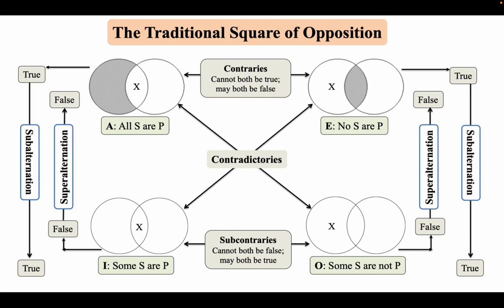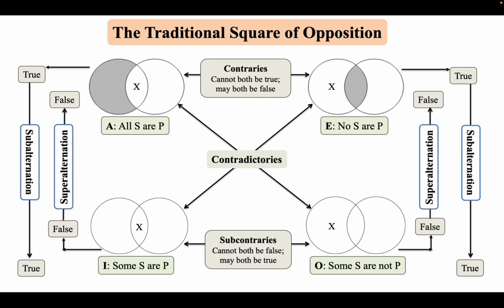In other words, the way to interpret the universal statements according to the traditional interpretation is by saying that, for example, let's take the A form. The A form says that there are in existence at least one member of the subject class.